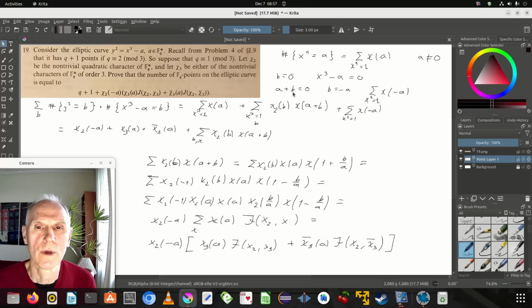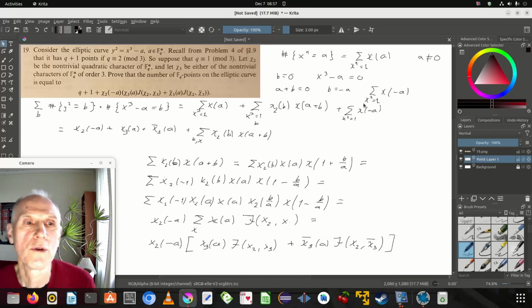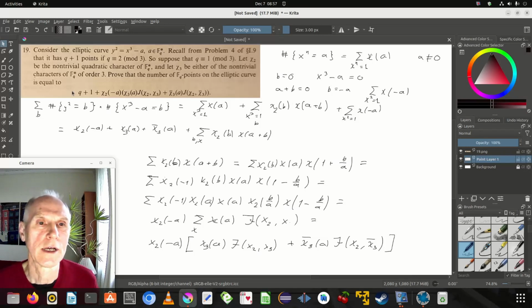And when b, I'm missing something because this will only give very few solutions. Not q, never q plus 1, except when q is very small, of course.